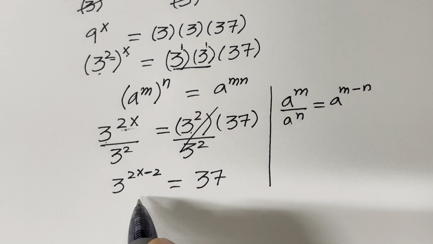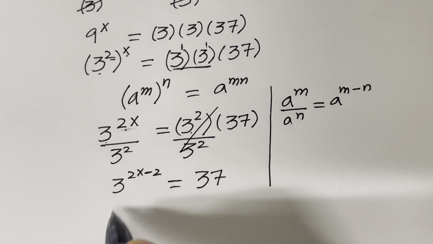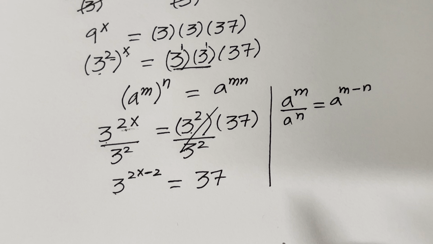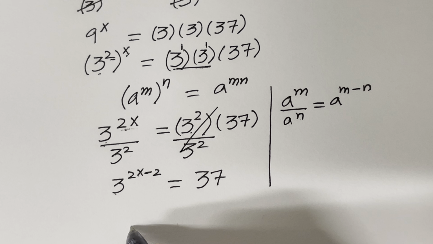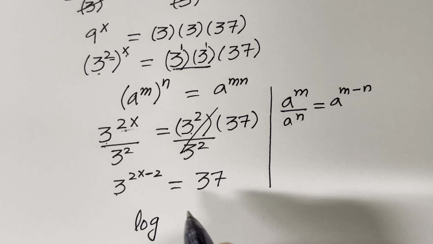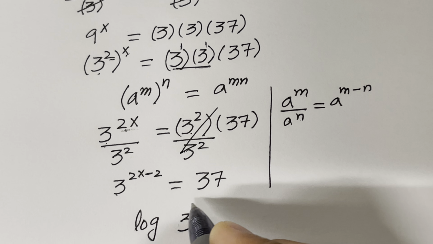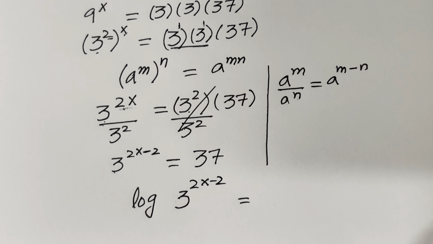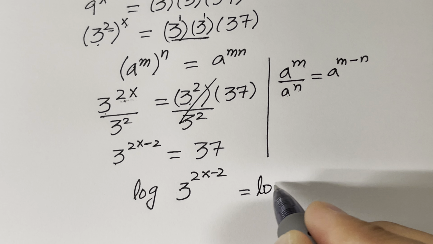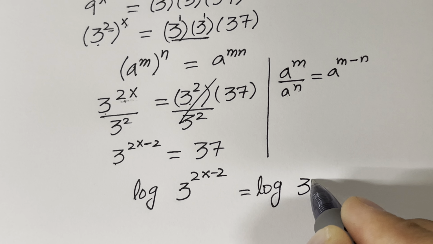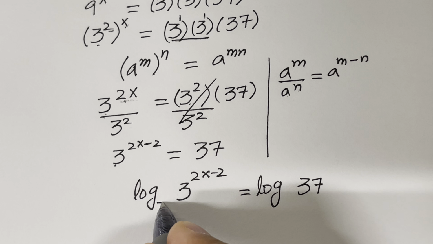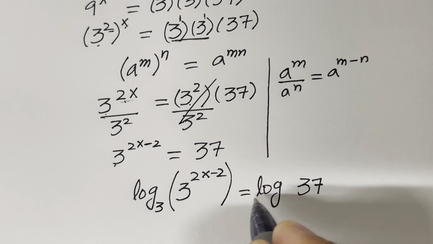Now, since we have 3 here and we want to find x, let's take log on both sides. So we have log of 3 raised to the power 2x minus 2, and on the right hand side we will have log of 37. And guess what should be the base? Because we have base 3 here, the base will be 3.